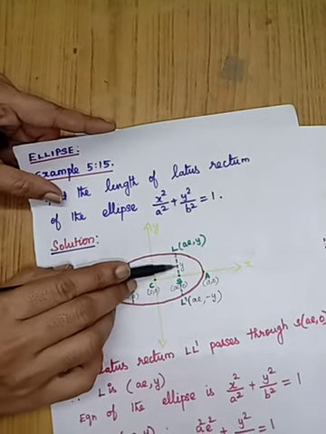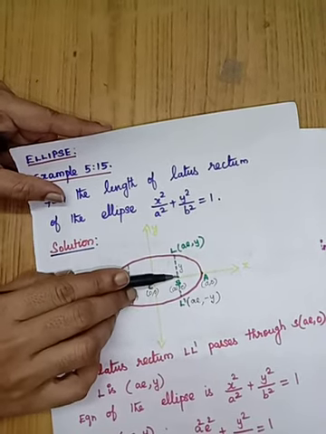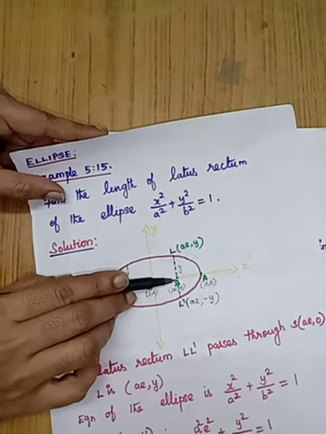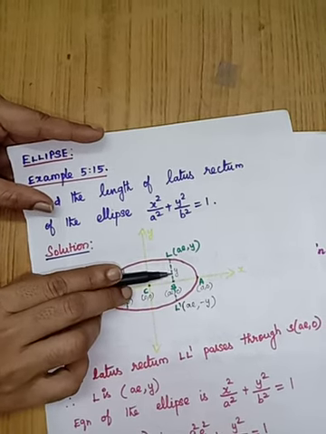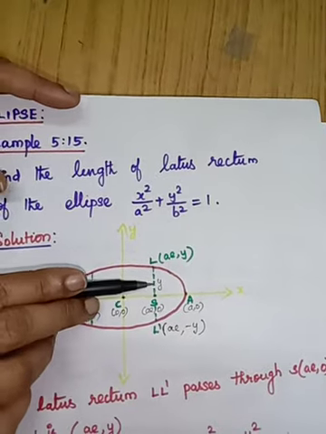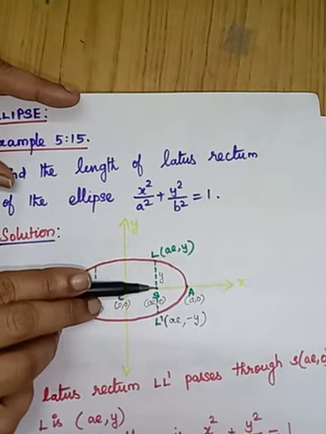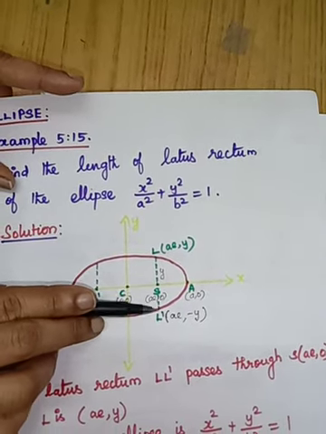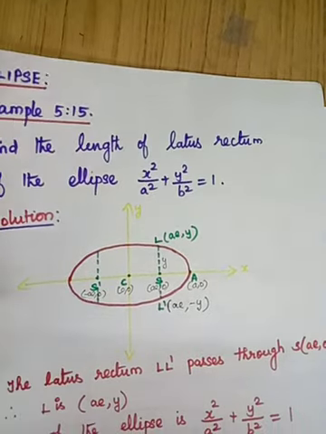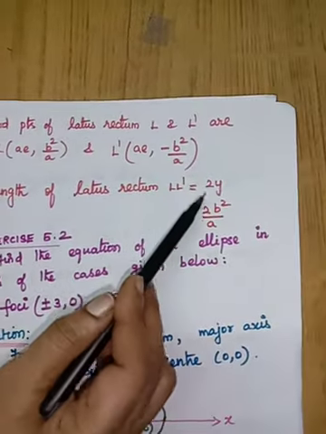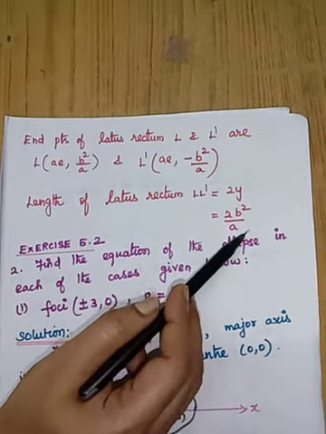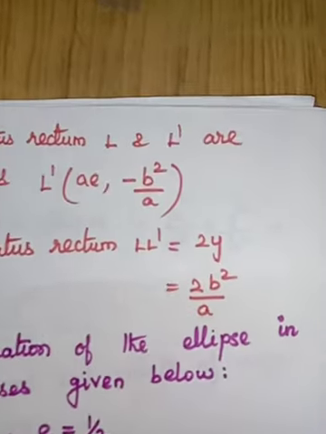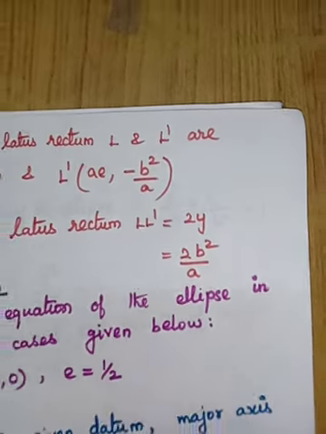This distance I have taken as y, and according to the symmetry of the ellipse, this is also y. Since it's a distance, it cannot be negative, so it is b squared by a here and b squared by a here also. So the length of the latus rectum is 2y, that is 2b squared by a. So the length of the latus rectum of the ellipse is 2b squared by a.